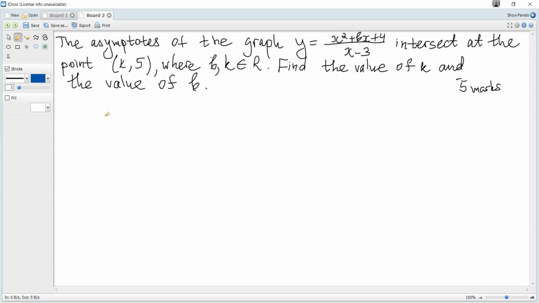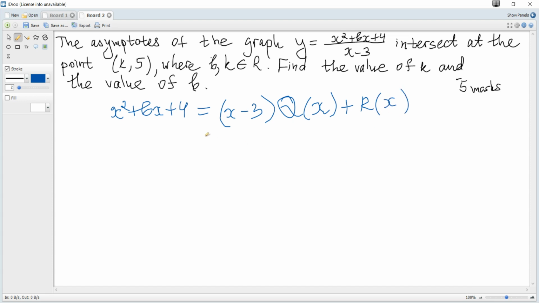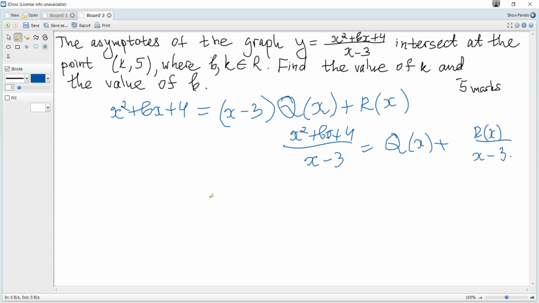So for both, I try to represent x squared plus bx plus 4 as x minus 3 multiplied by another polynomial plus a remainder, or if we divide, we get x squared plus bx plus 4 over x minus 3 is q plus remainder over x minus 3.